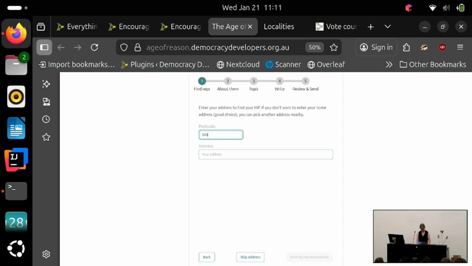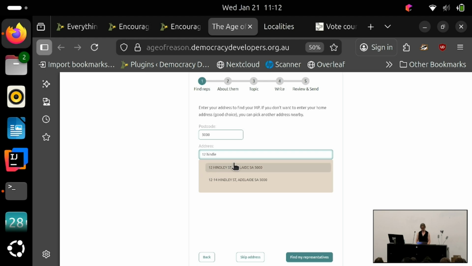Yep, very good. What's an address in Adelaide? Give me an address in the centre of Adelaide. Well, Hindley. How do I spell Hindley? H-I-N. Oh, there we go. Is that it? Yep. Beautiful.